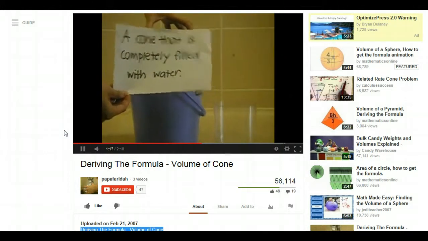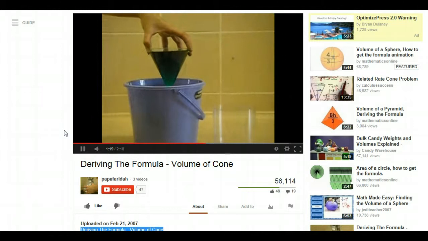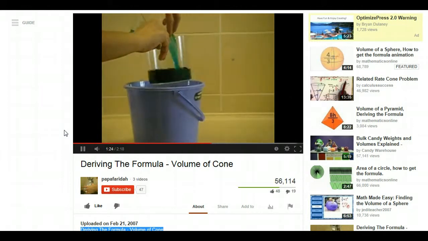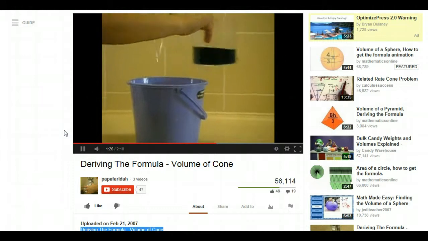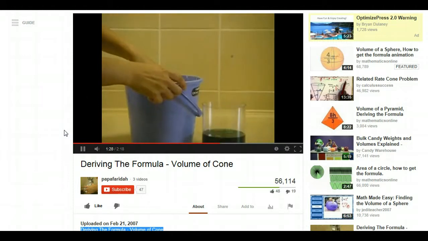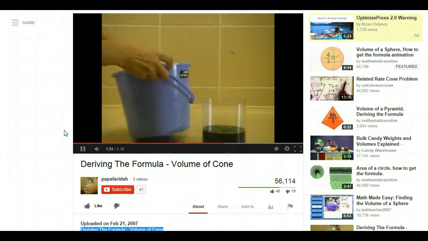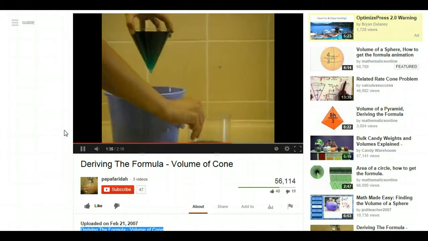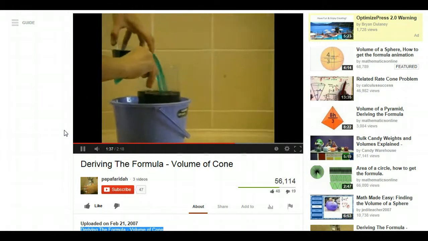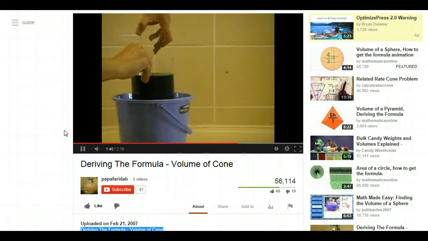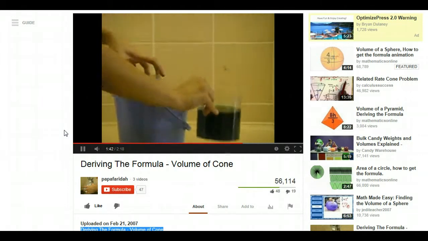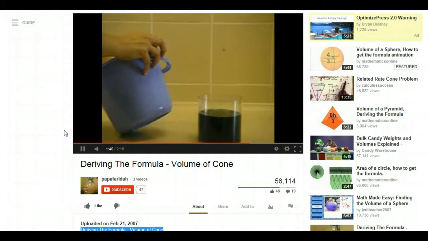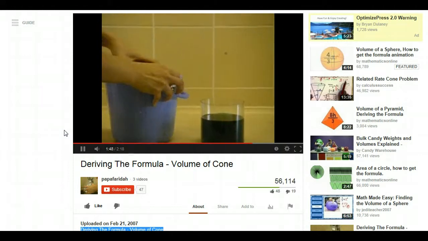Colored water. Makes it easier to see. So how full does that look? What fraction of fullness? That one, how full? And I don't think we're going to be terribly surprised by what happens next.